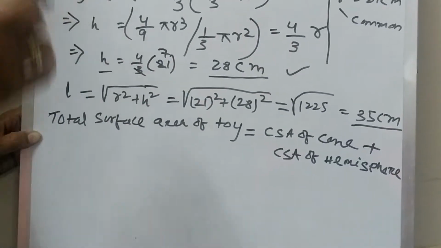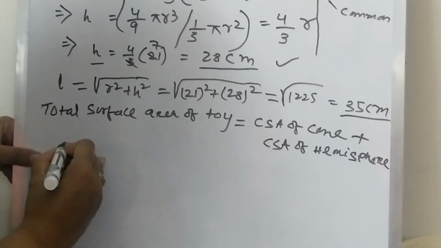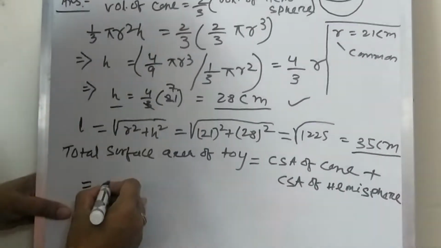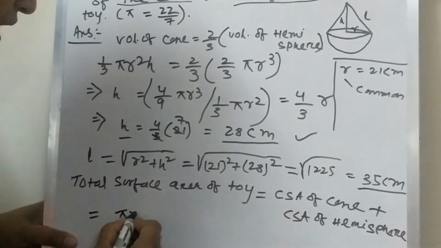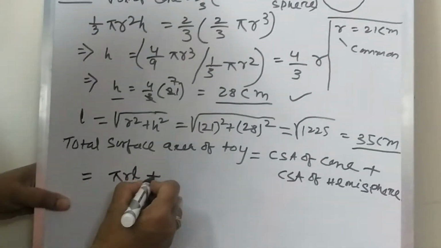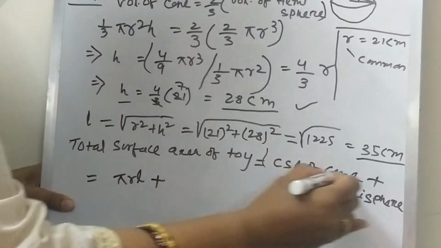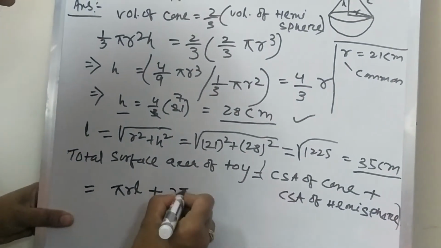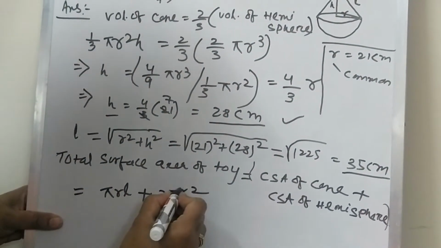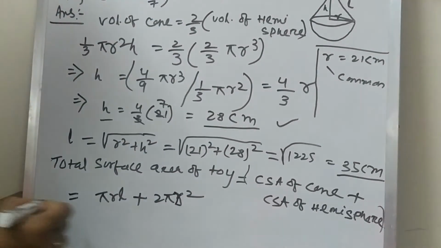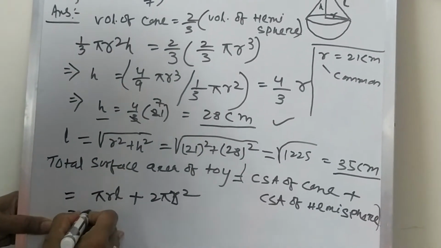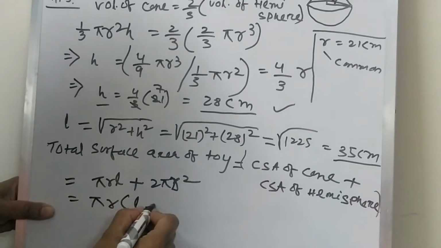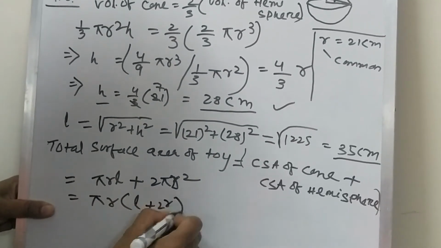The formula for the curved surface area of a cone is pi r L, plus the CSA of a hemisphere, which is 2 pi r square. If you take common, then pi r times (L plus 2r).